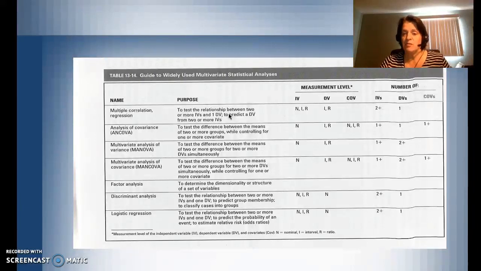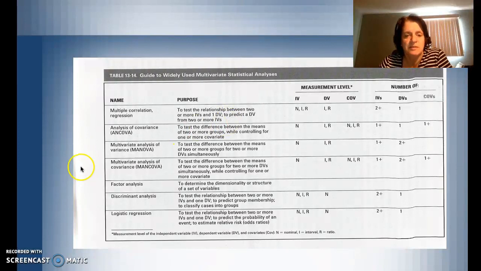So for example, which factors will determine the likelihood of condom use? And it would be gender plus age plus years of sexual experience plus, I don't know, something else, ethnicity, right? And if all those four factors together can predict the likelihood of condom use.